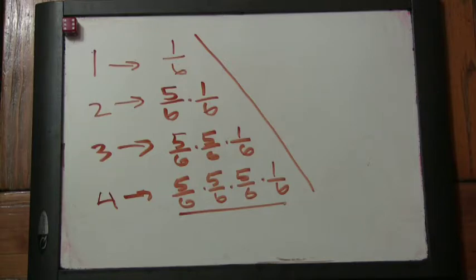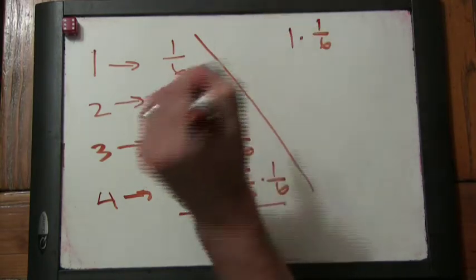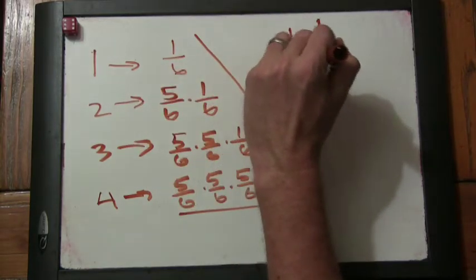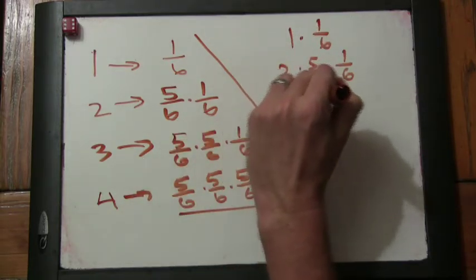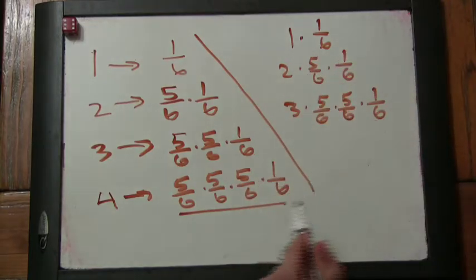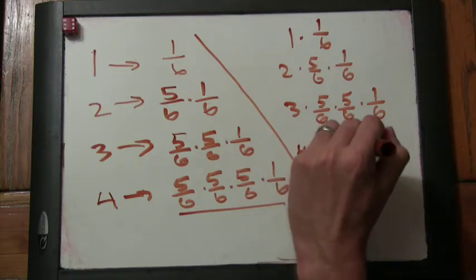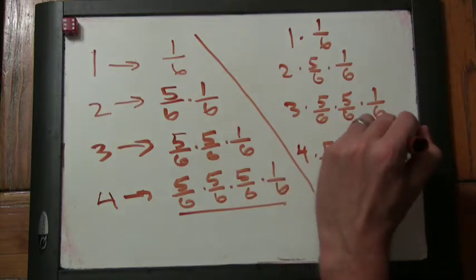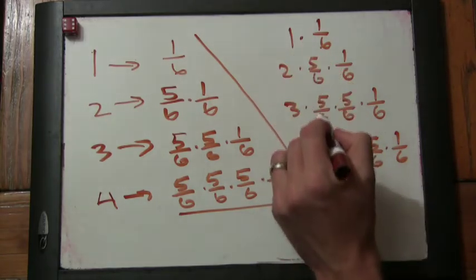We can multiply the number by the probability. Okay, so now I would have 1 times 1/6, 2 times 5/6 times 1/6, 3 times 5/6 times 5/6 times 1/6, 4 times 5/6 times 5/6 times 5/6 times 1/6, etc. Now what are these individual numbers telling us?